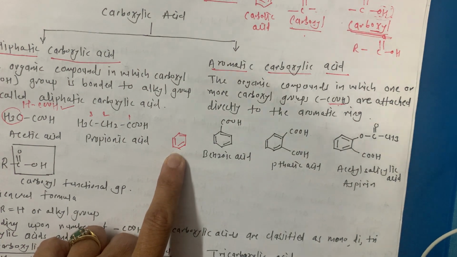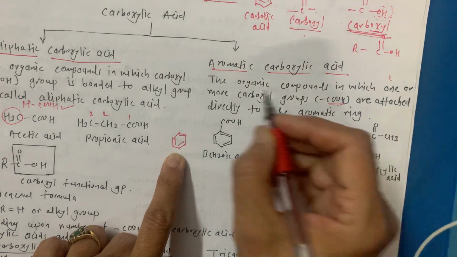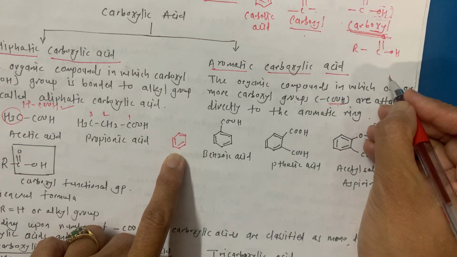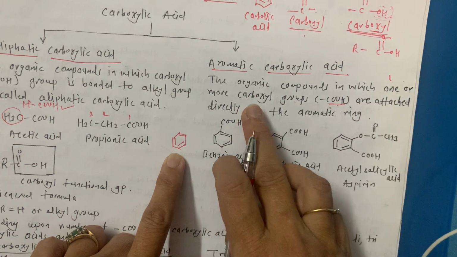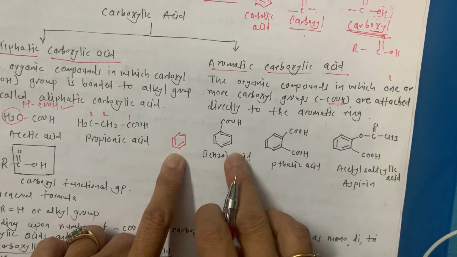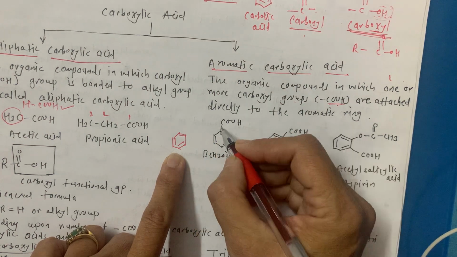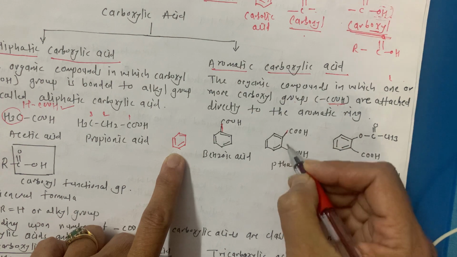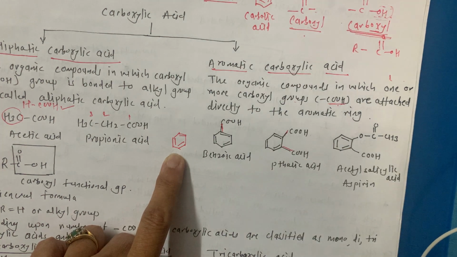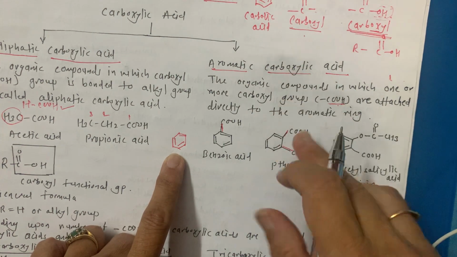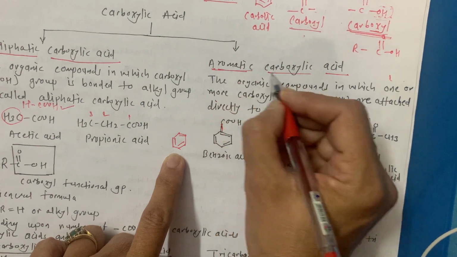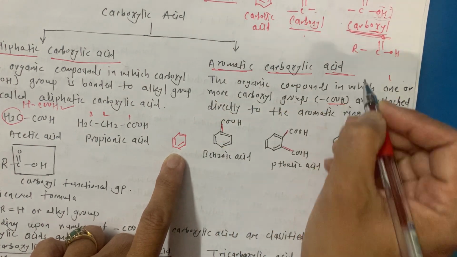To this benzene ring one or more carboxyl groups are attached directly like this. Then this compound is known as aromatic carboxylic acid.